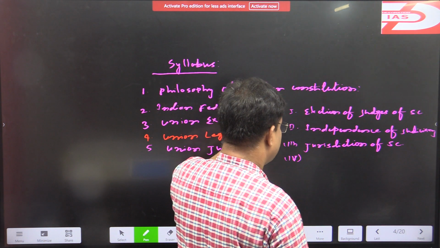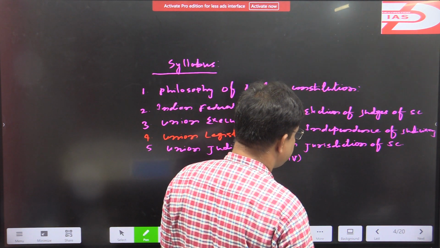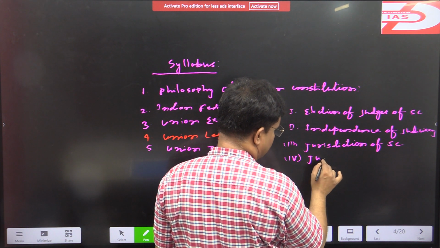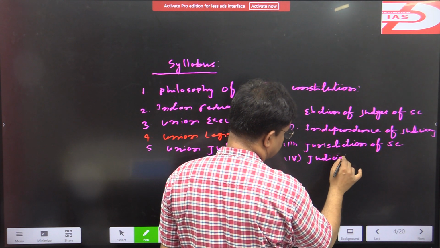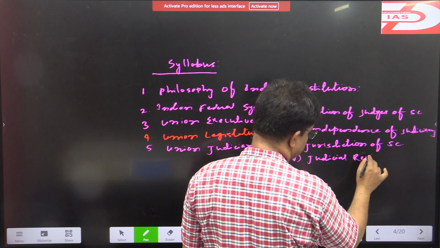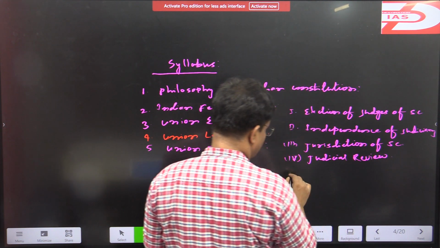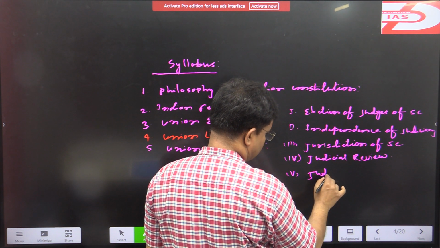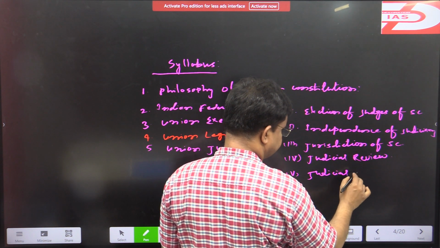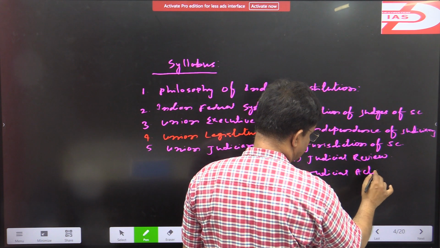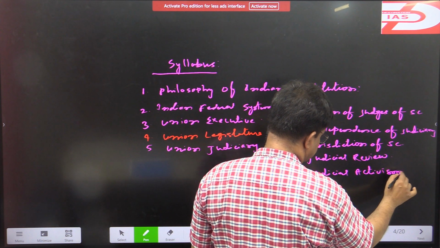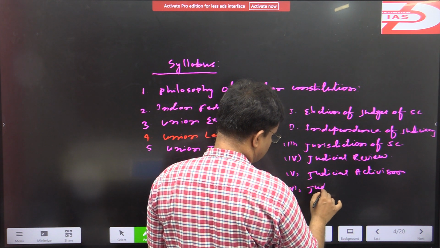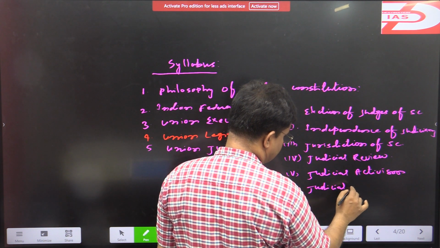The next facet will be judicial review. Next facet, judicial activism. Next facet, judicial restraint.